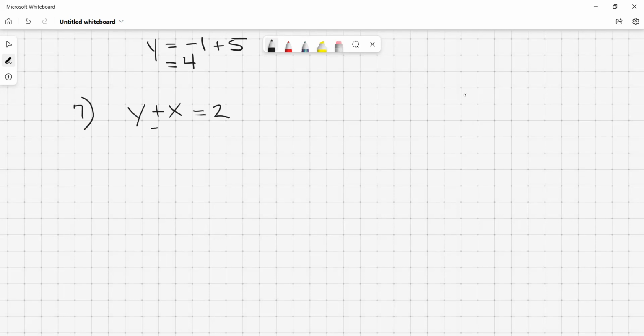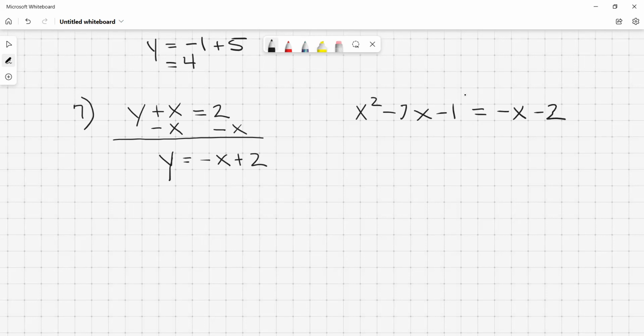You have to subtract x from each side here, and in this equation, y is equal to -x plus 2. So that's one of your equations. Your other equation is x squared minus 3x minus 1, so it's going to be equal to your -x plus 2.